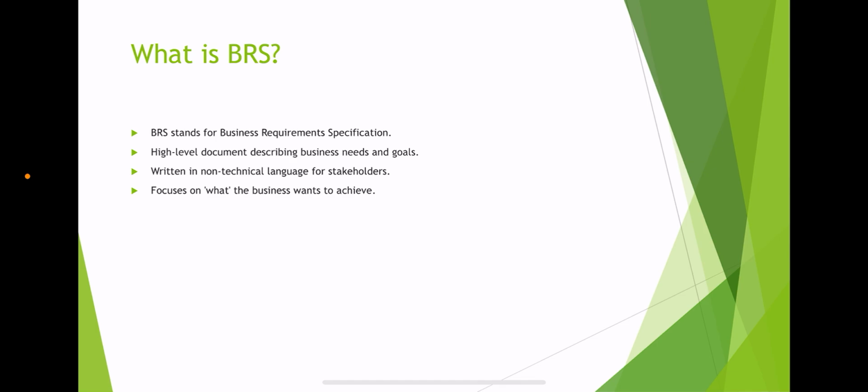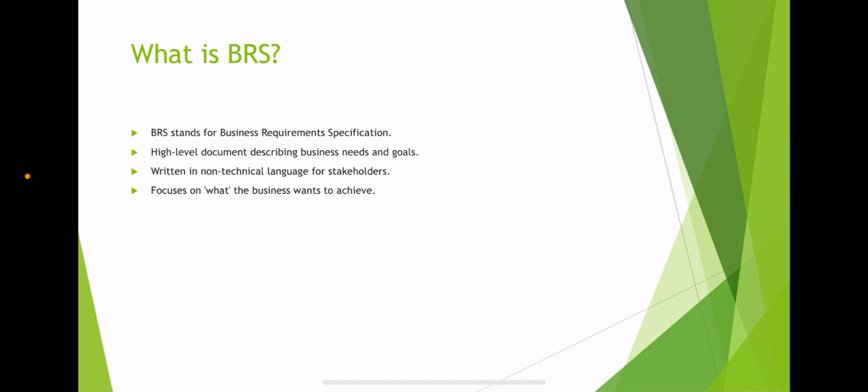Non-technical people can read it easily, so that's why it is made in simple and business friendly language. For example, in BRS generally project overviews, business needs, business objectives and high level non-technical features are covered.